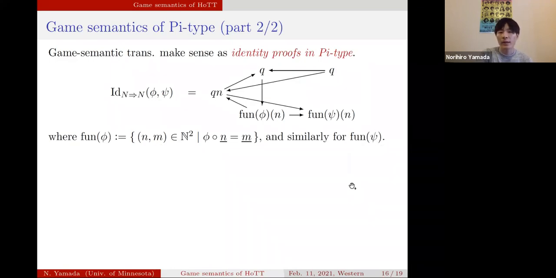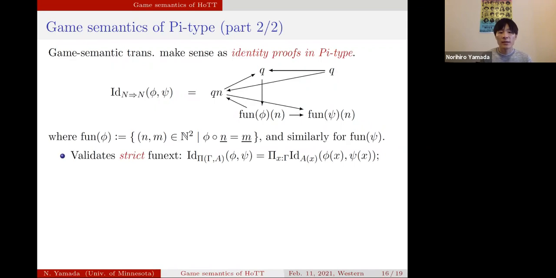And in this game, there is a strategy if and only if phi of n and psi of n coincide. In other words, there is an identity proof if and only if phi and psi are extensionally equal. So by this definition, it validates strict function extensionality.